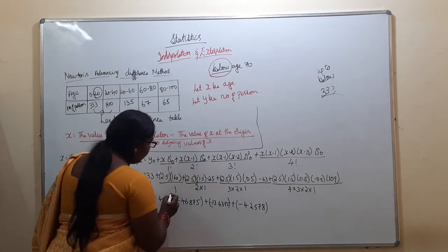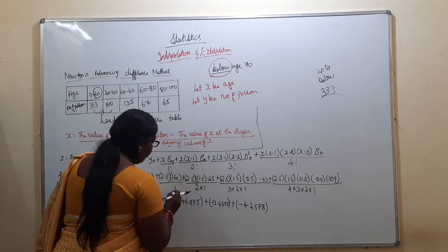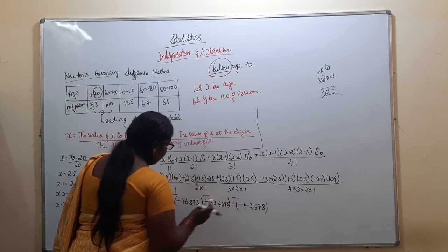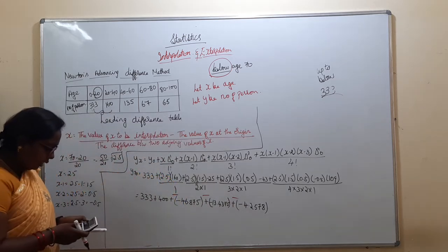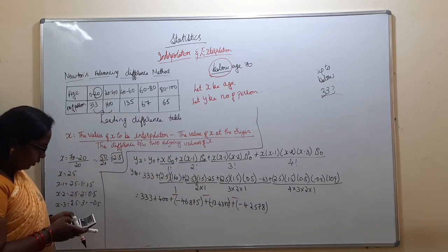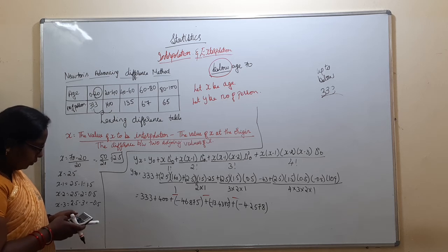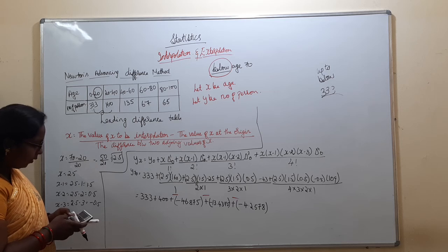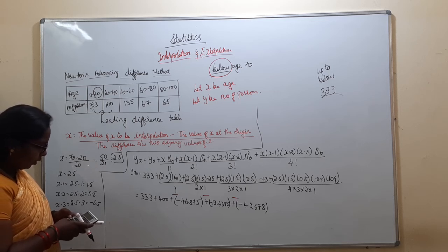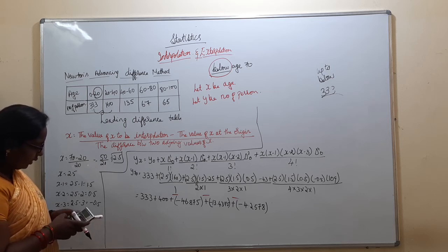Here plus into minus, minus sign. So here I will get 333 plus 400 minus 46.875 minus 13.4375 minus 4.2578.